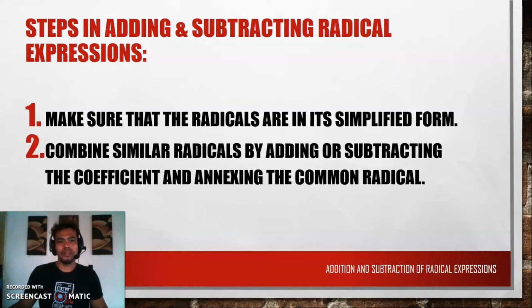Next, combine similar radicals by adding or subtracting the coefficients only and annexing the common radical. Again, the first step: make sure that the radicals are in their simplified form. And the second: combine similar radicals by adding or subtracting the coefficients and annexing the common radical.